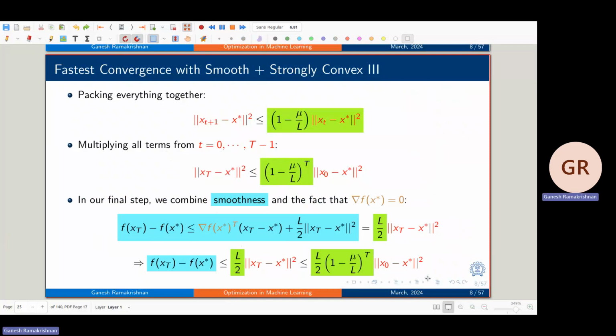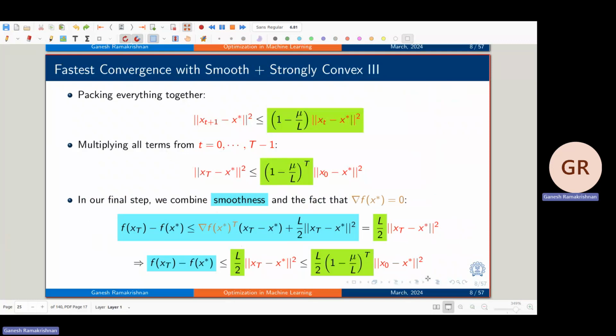Now x naught minus x star is okay. x naught is a point I chose, right? How did I choose x naught minus x star in the part before midsem? What did I assume? Starting point to optimal, and that it is not too far. If it's too far, you're out of luck. You should be within some radius r.